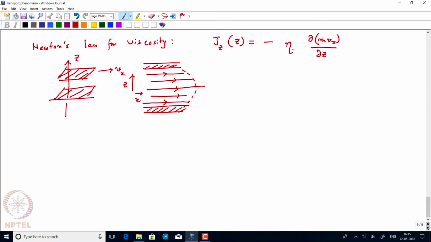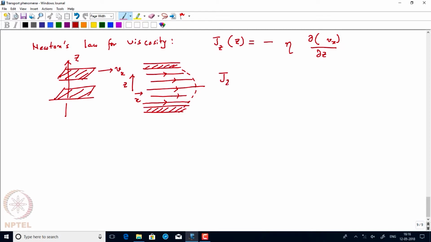So eta is known as the coefficient of viscosity. Now although it's a momentum gradient, usually in Newton's equation the mass is not written, so we will have to introduce a quantity mass, and then we can easily connect it to this equation and figure out what eta is in a similar way.